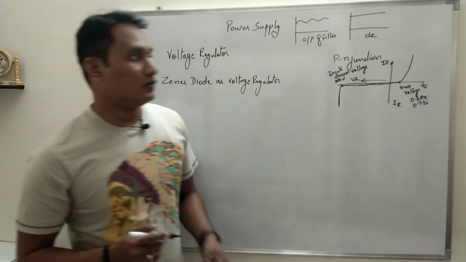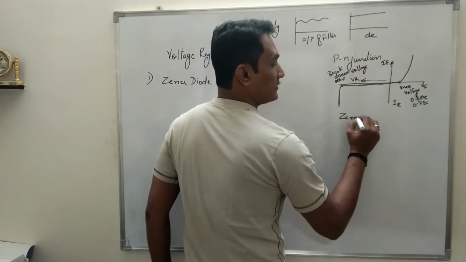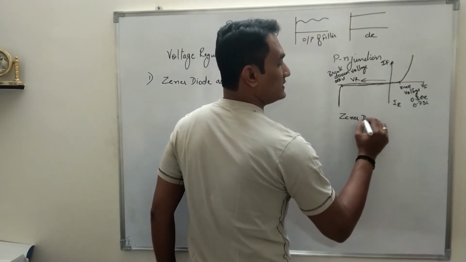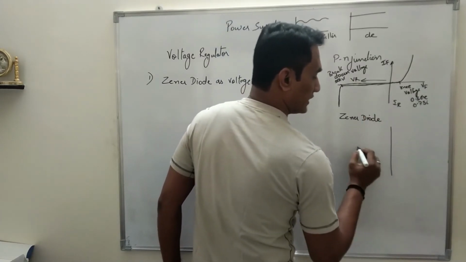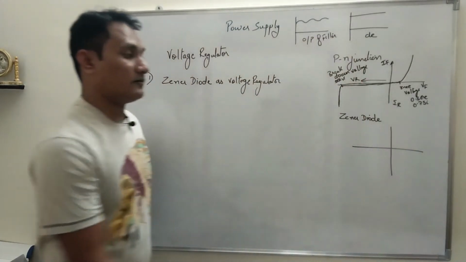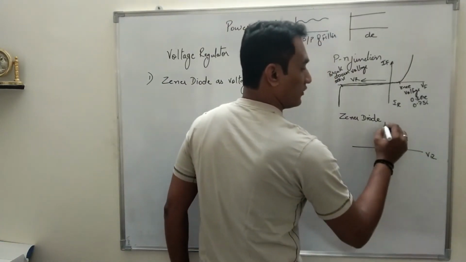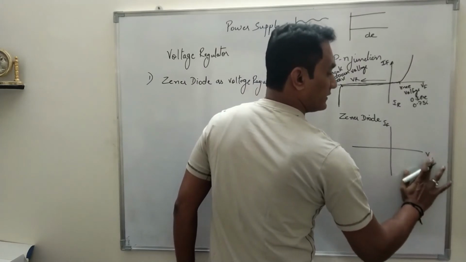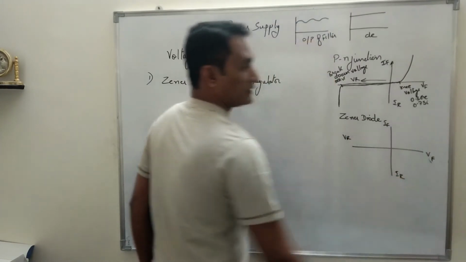Okay, now we will try to understand a special type of diode called the Zener diode. Let us try to understand its VI characteristics: forward voltage, forward current, reverse voltage, and reverse current.